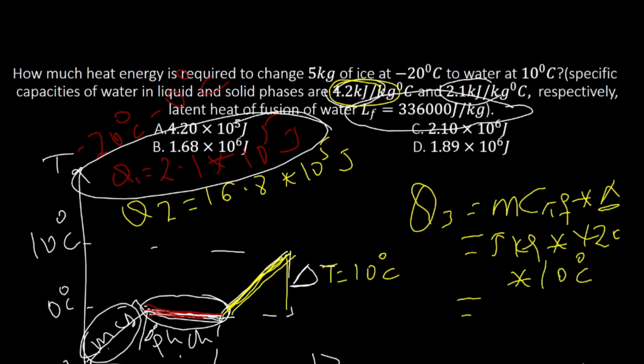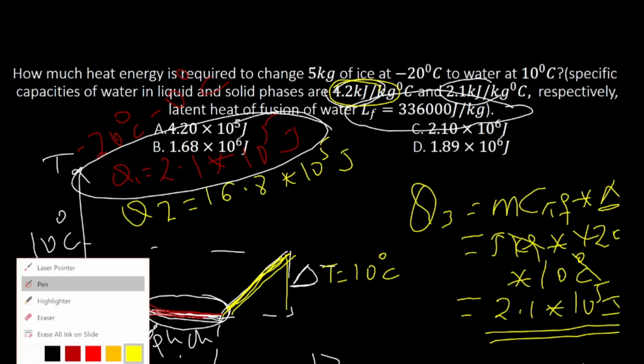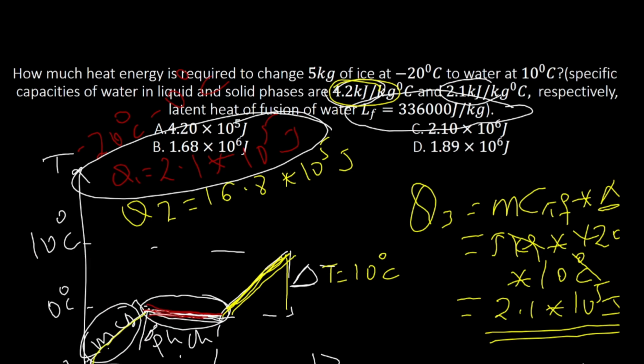Kilogram will cancel kilogram, and degree centigrade will go away with degree centigrade. When we multiply this, I hope we will obtain 2.1 times 10 to the power of 5 joule. This is the amount of energy that we need. Through all this process, to increase the temperature of this body from negative 20 degrees centigrade, we have to pass through all these phases.